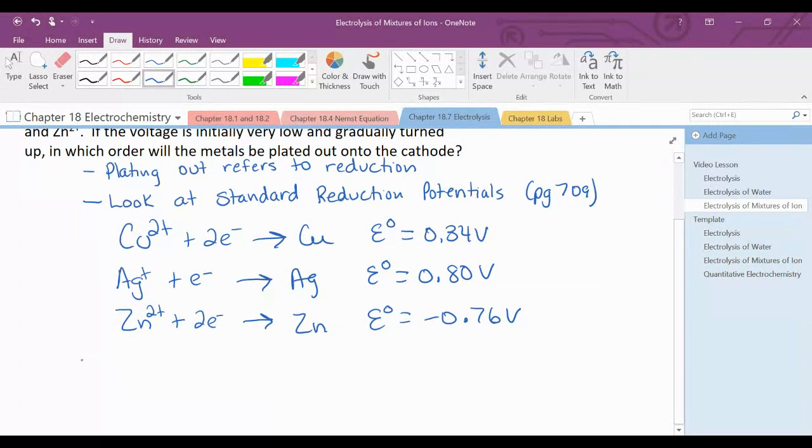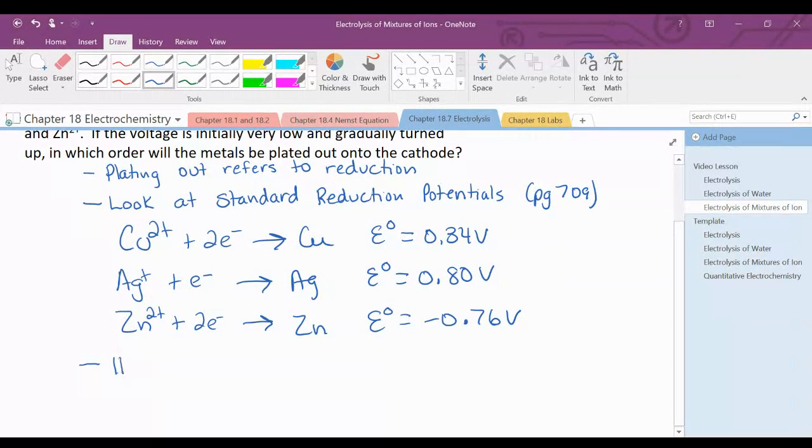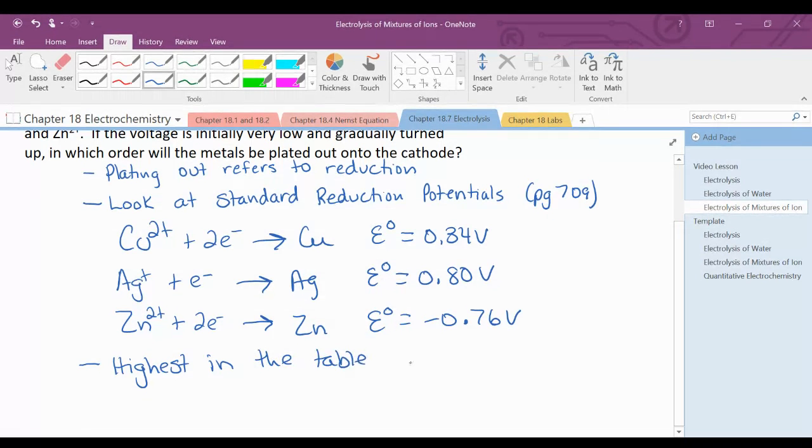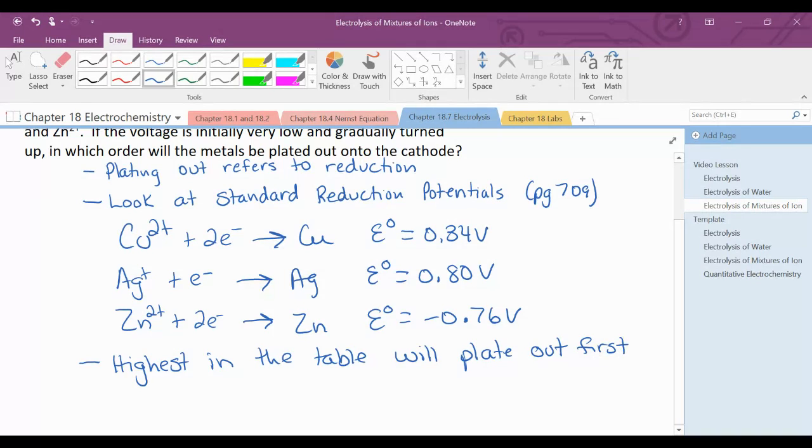In terms of plating out, since these are standard reduction potentials, the highest in the table will plate out first. So silver has the highest, so this would plate out first.